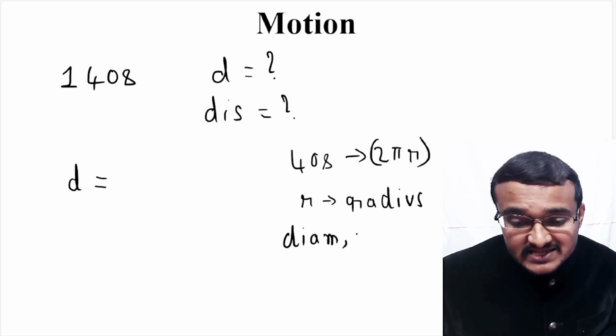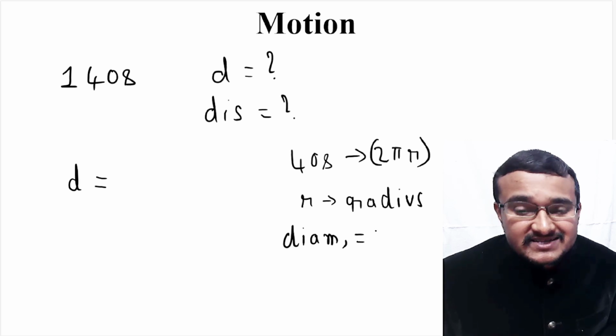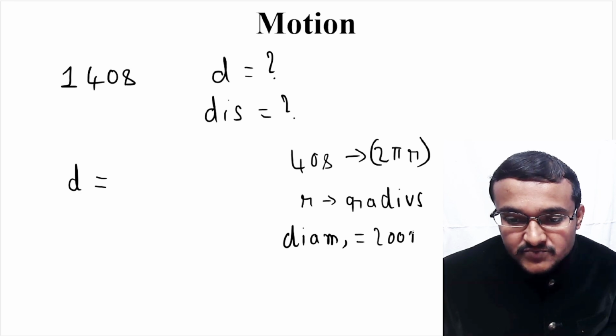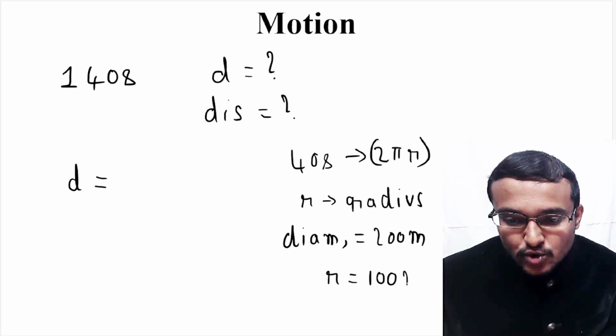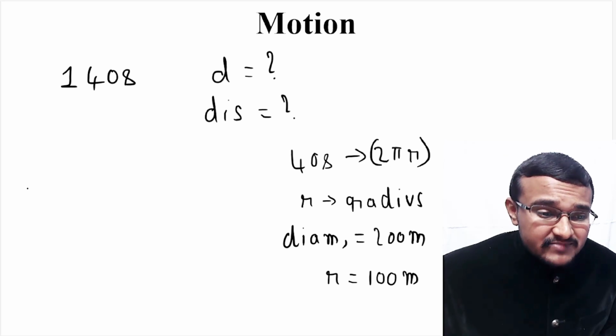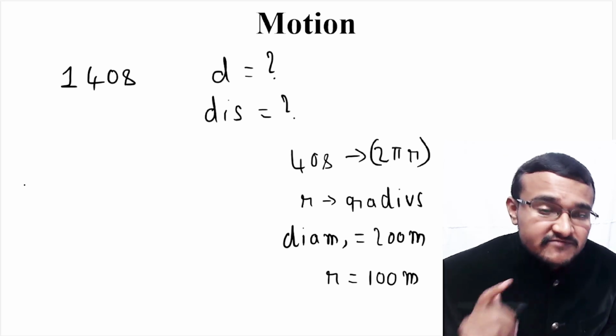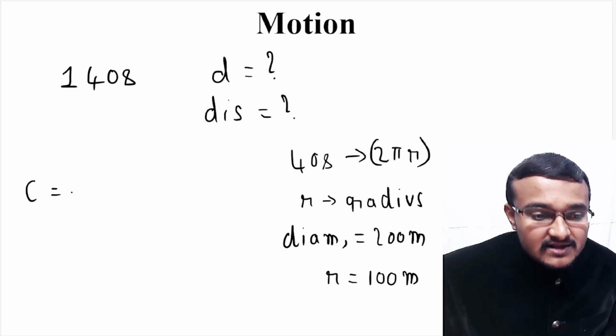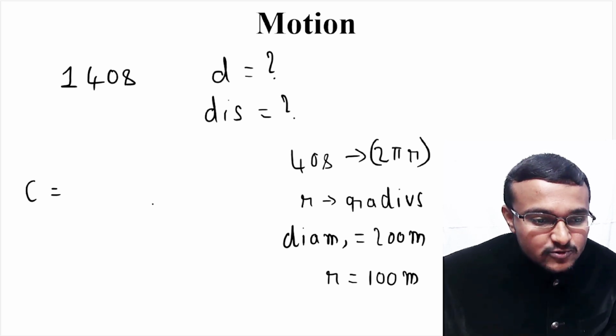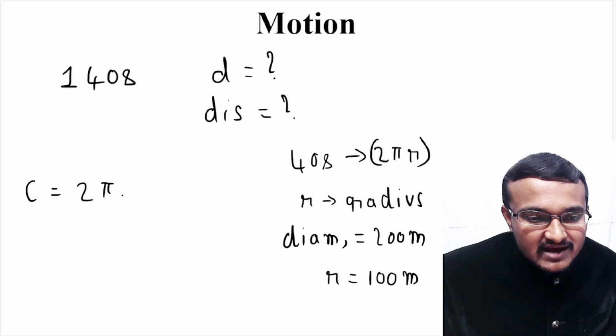The diameter is 200 meter, so the radius will be 100 meter. Now, the circumference of that circular path will be equal to 2 pi r.